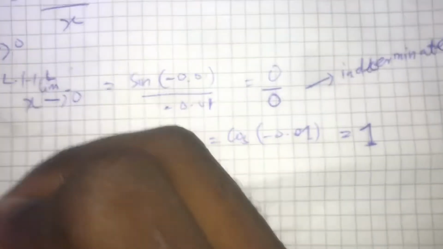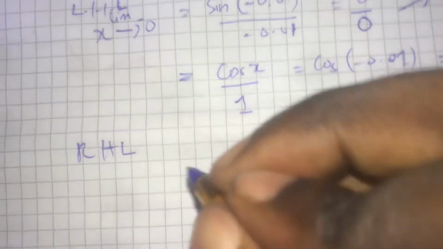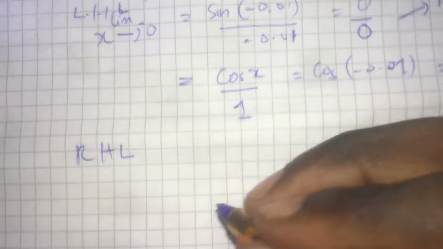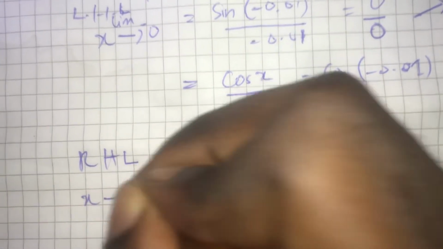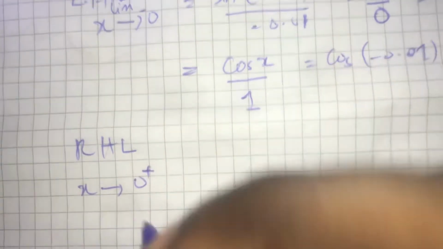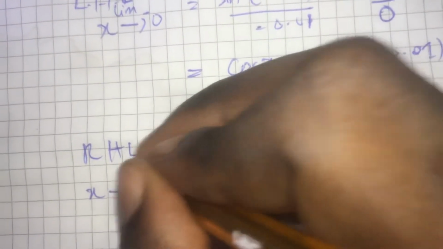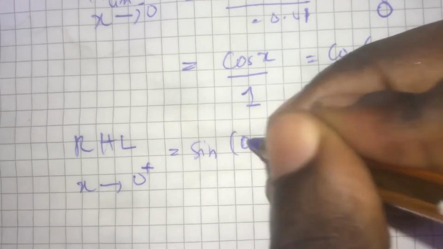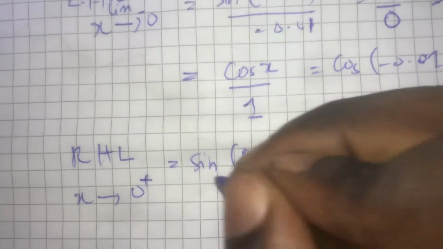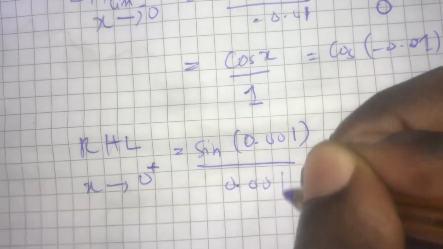Now let's come to our right hand limit. So with the right hand limit, we are approaching x from the right hand side. So we have sine, let's say 0.01 over 0.001.